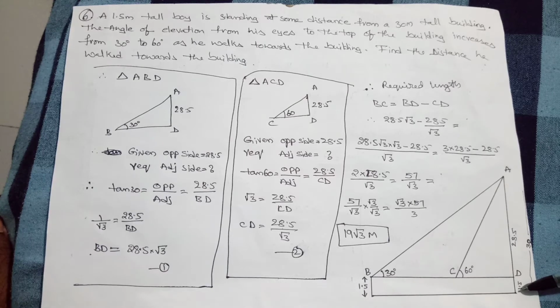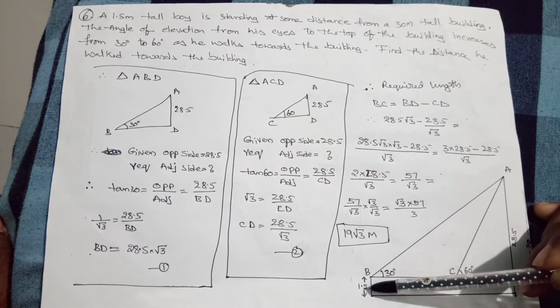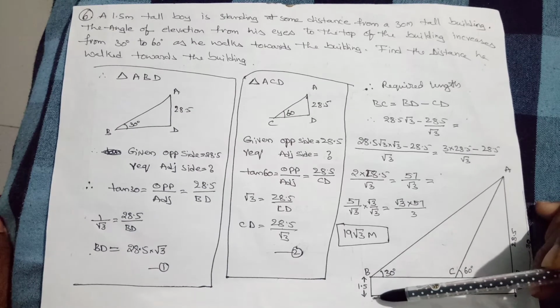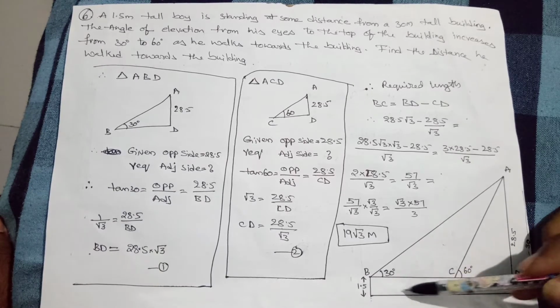Now, a person here, this is the bottom, and the height of the person is 1.5 meter tall, and he is standing, that means the foot of the person and the foot of the building are at the same ground level.